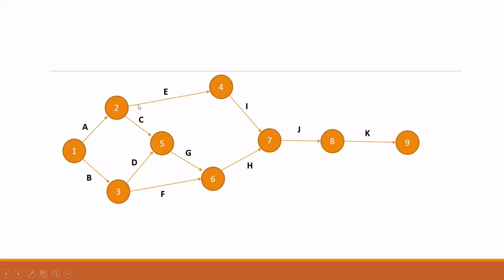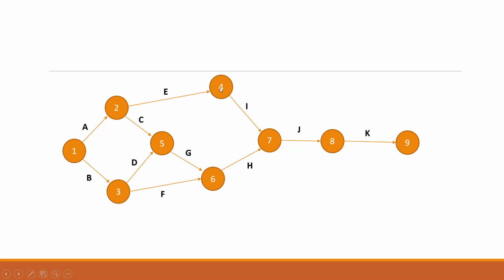Once we give 2 and 3, I have to hide all the arrows which are coming out of these 2 nodes. So these 2 arrows plus these 2 arrows will be hidden. Now once I hide these 2, because I am not going to do this first, I'll hide these 2 arrows.